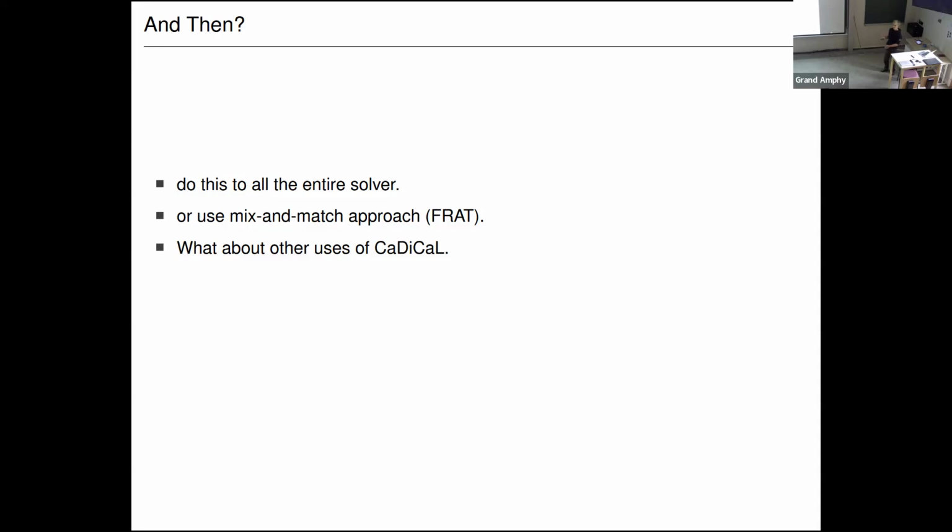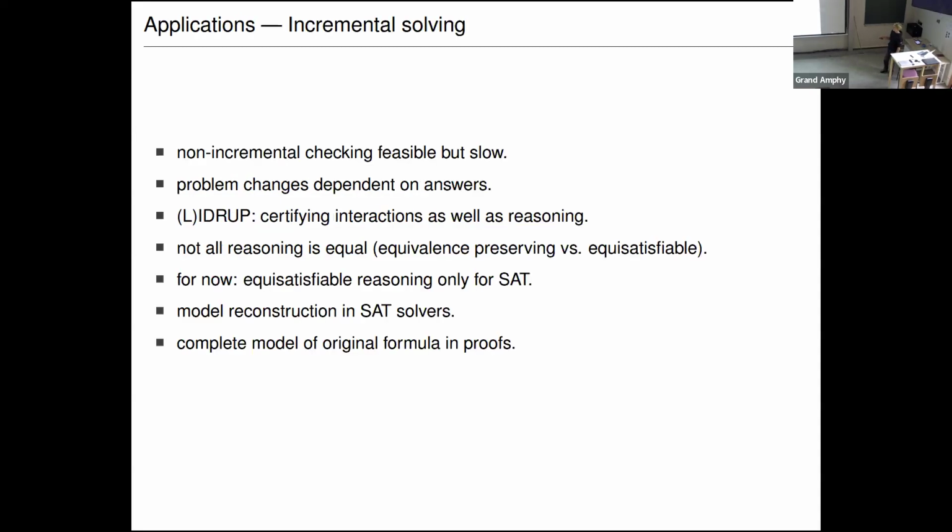So now we have LRAD, and well, it's still a lot of work, but we have LRAD. What about other uses? What other kind of proof logging things are supported in CaDiCaL? CaDiCaL is incremental, so here the main challenge is to support incremental solving in proof logging.